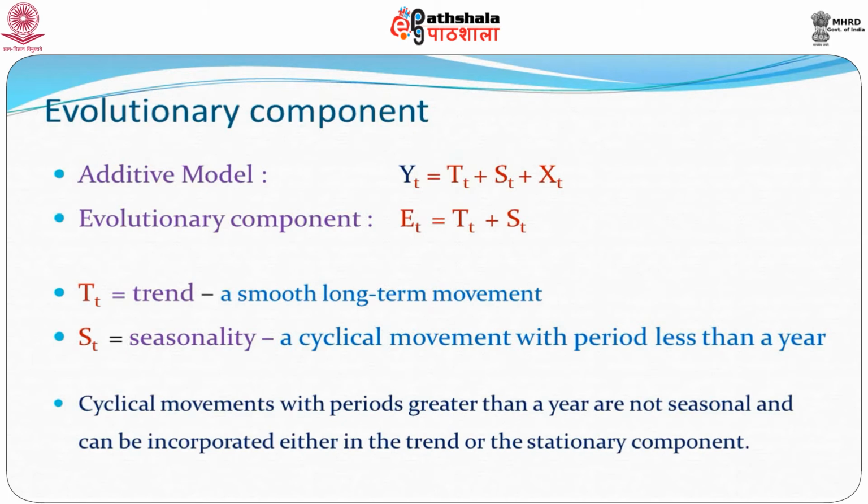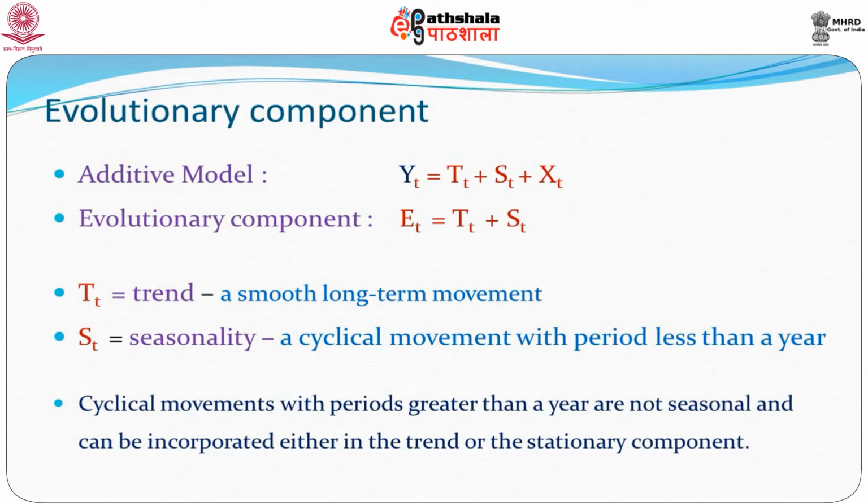We will be looking at a few more examples, but before that, let us explain one other movement that is often talked about in the classical model, and that is the cyclical component. Now, cyclical movements are like seasonality. Obviously, they are cyclical, but they have periods greater than a year, and hence we do not treat them as a seasonal component.